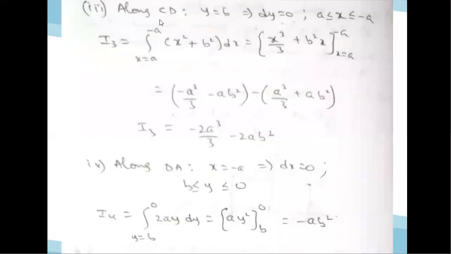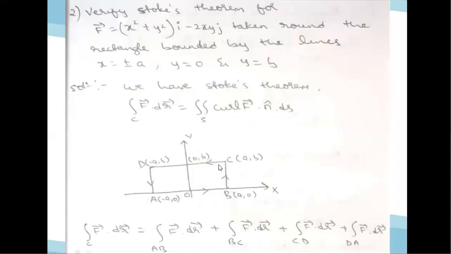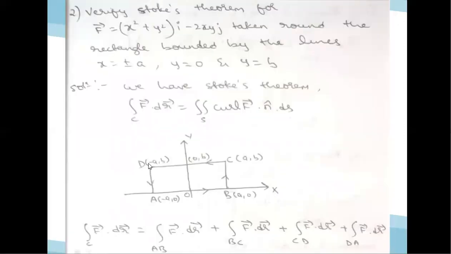Next, we shall find the integral along CD. Let us refer to the figure again. CD means this is the line y is equal to b. So this is the line y is equal to b. Now we have considered the substitution for y, so we have to consider the range of x.